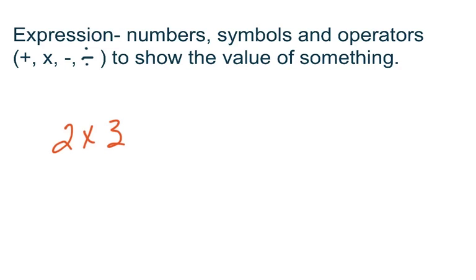This is an expression. And the reason why we say that this is an expression is because it's missing the one thing that most mathematical number sentences that we're familiar with have, which is an equal sign. So an expression is an equation or a mathematical number sentence without the equal sign.